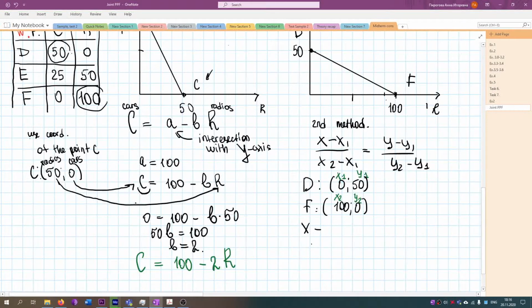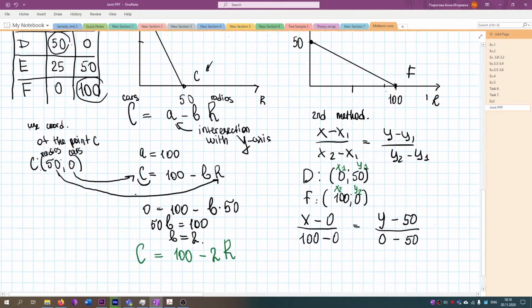X minus x1, in our case x1 is equal to 0, x2 is equal to 100, 100 minus 0 is equal to y minus y1, it is equal to 50, y2 is equal to 0, and y1 is equal to 50.